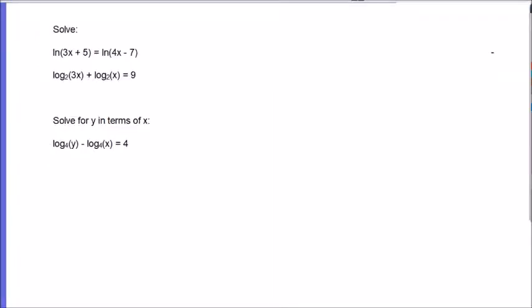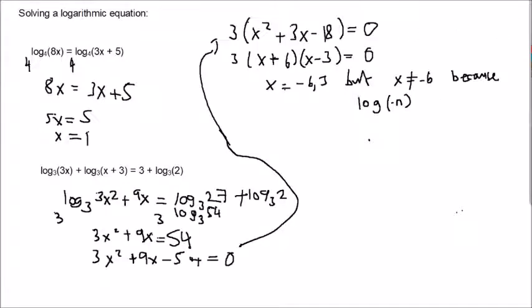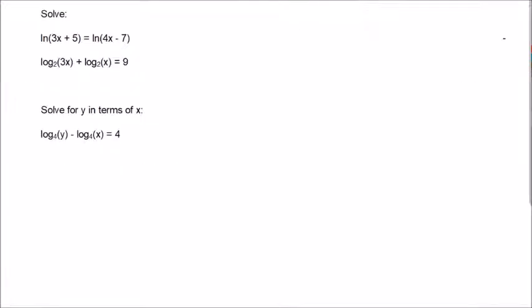Okay, so we have 3x plus 5 is equal to 4x minus 7. According to this, we can just take it to the power of the base, and ln is log base e, so we can just take it to the e's power, which will give us 3x plus 5 is equal to 4x minus 7.